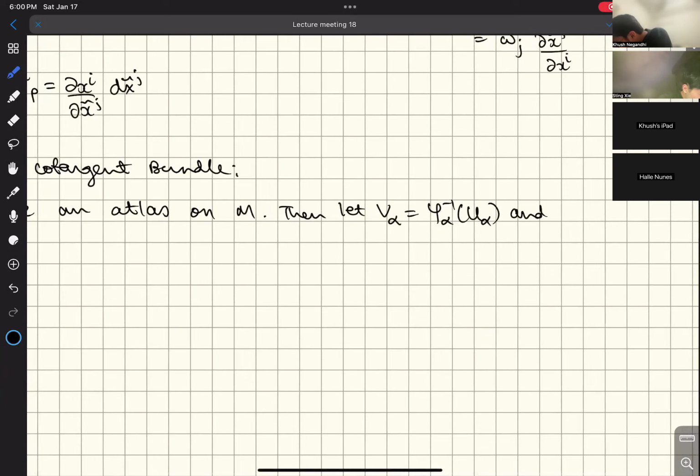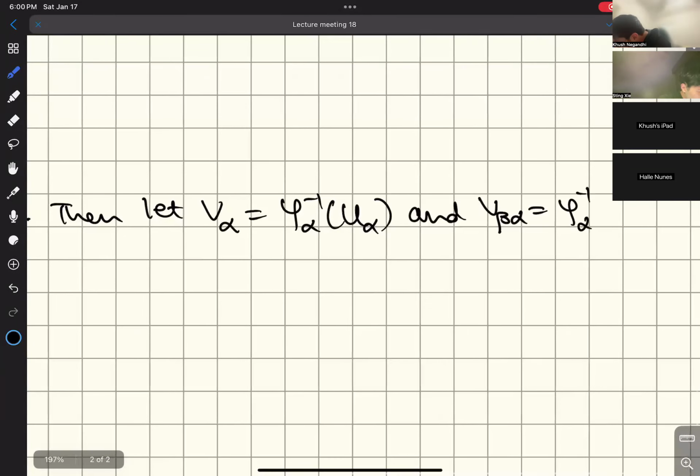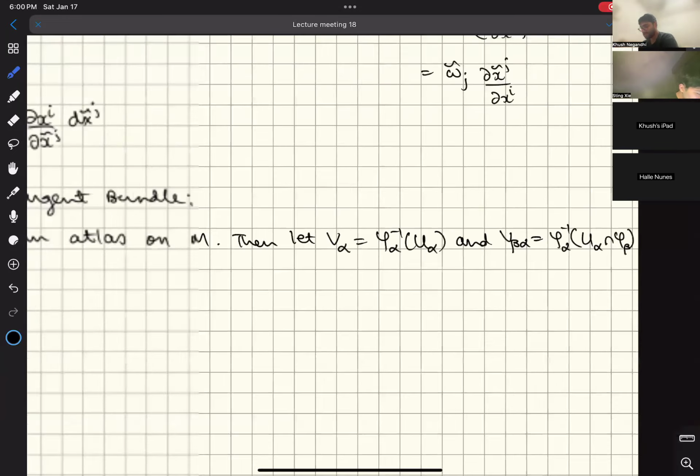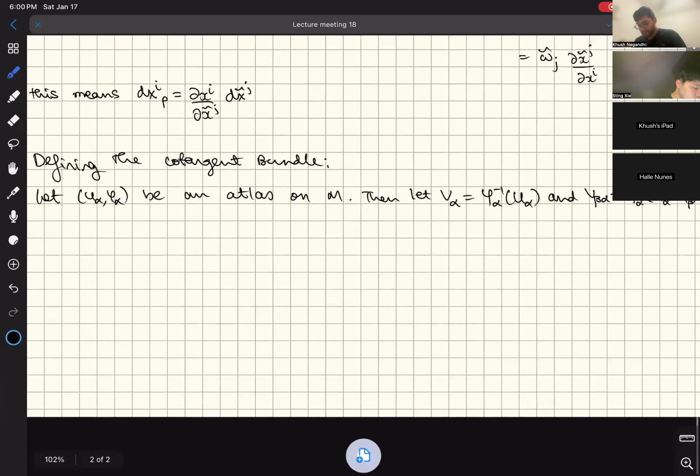And this is very similar to how we defined the tangent bundle. So so far so good. Again, we started with the same initial data as the tangent bundle, and the only difference is going to be what representation we're going to use.